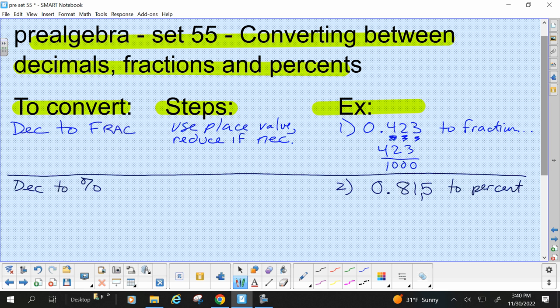Well, if I looked at the hundredths here, it is 81 and a little more hundredths. That is to say then that 0.815 is 81.5%. So when you go to make a decimal into a percent, you're just saying, well, if I'm talking about the hundreds, then it really means just move the decimal point 2 times to the right.